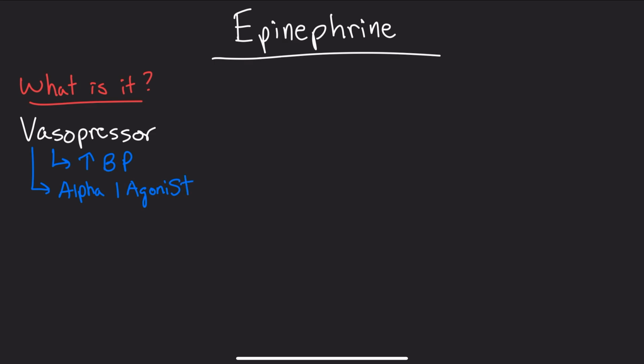Alpha 1 receptors are going to cause vasoconstriction of your vascular system, which is going to lead to your increased blood pressure and your increased MAP.